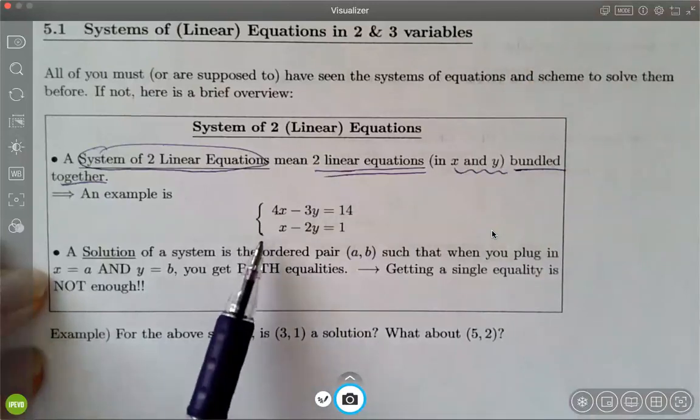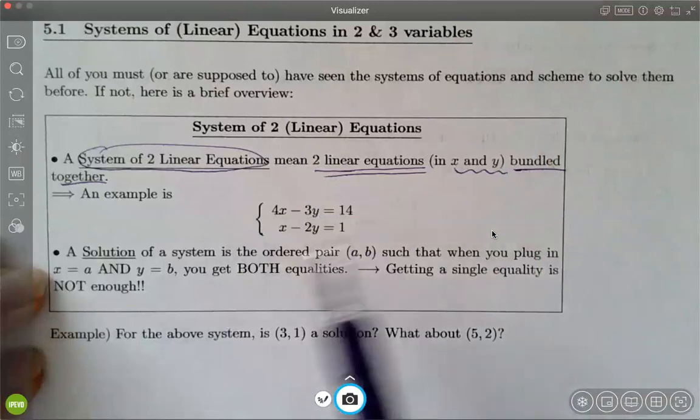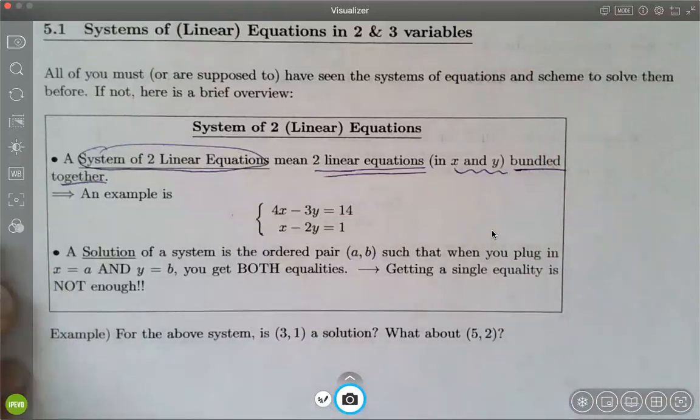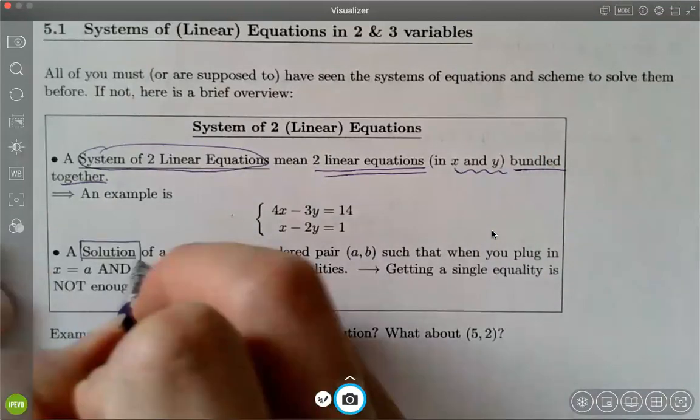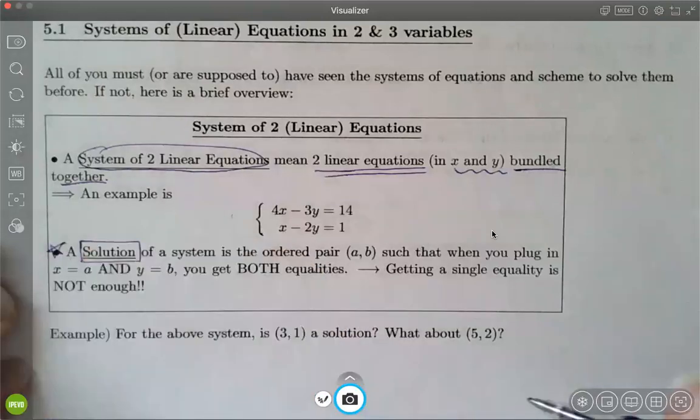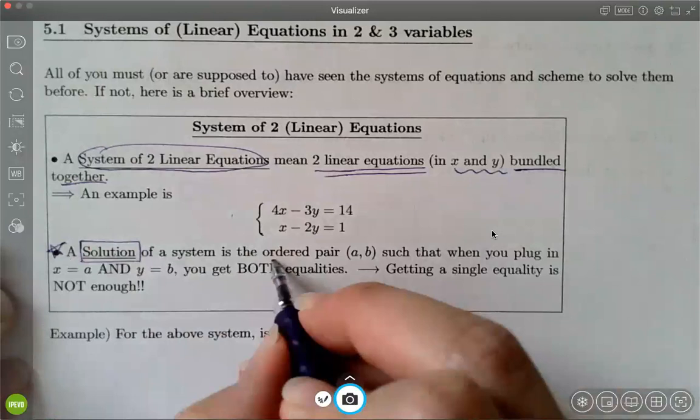Now, have you all seen this kind of system before? It's kind of famous. Now, the solution of a system is the ordered pair a, b.